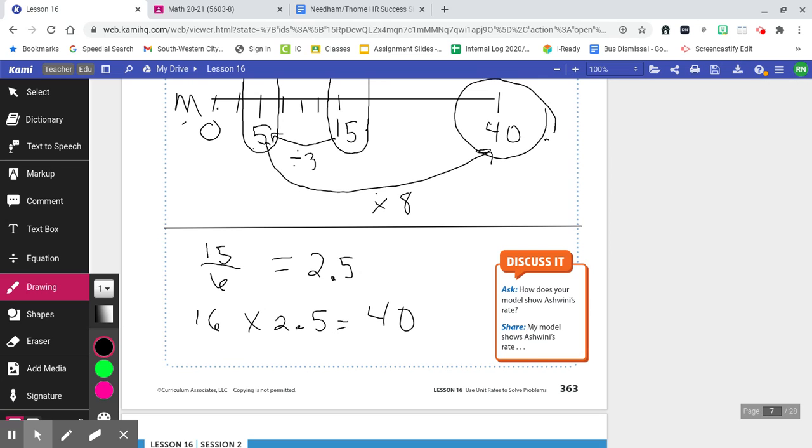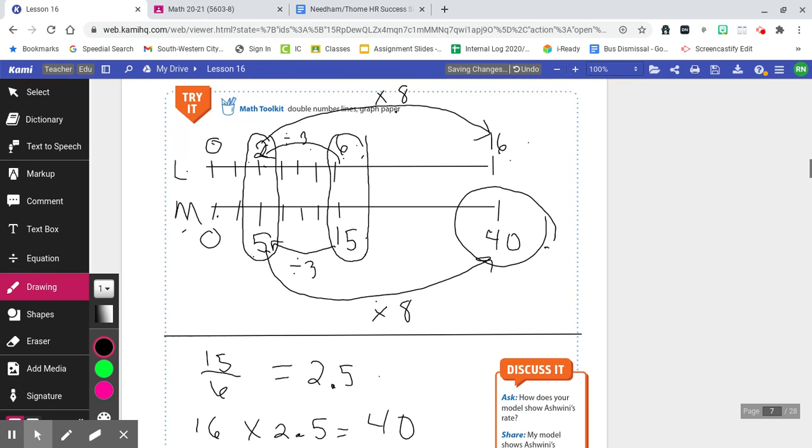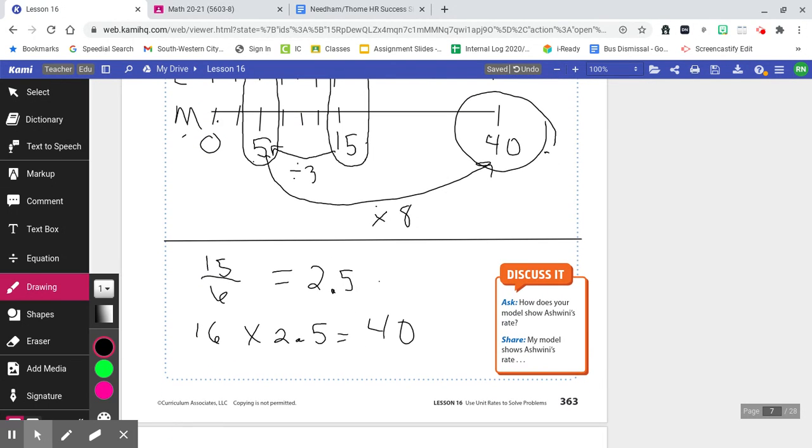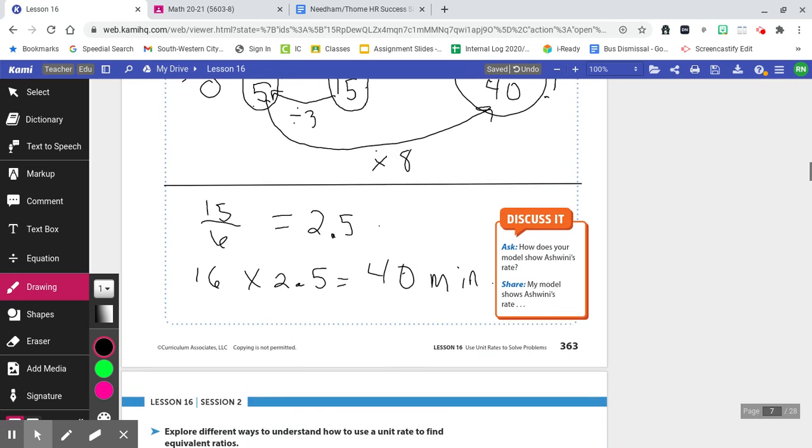So then I take that 2.5 times the 16 laps, and that's going to give me 40. So it takes her 40 minutes to go 16 laps. So personally, I think it's easier just to divide to find your unit rate and then to multiply by the number you need to get.